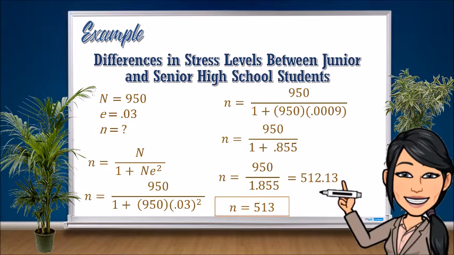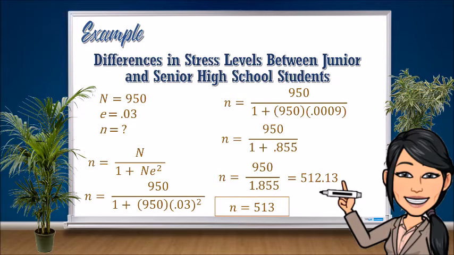Get the square of 0.03, that is 0.0009. Then multiply it to 950. You will get this time 0.855. Add 1 to 0.855 and you will get 1.855.